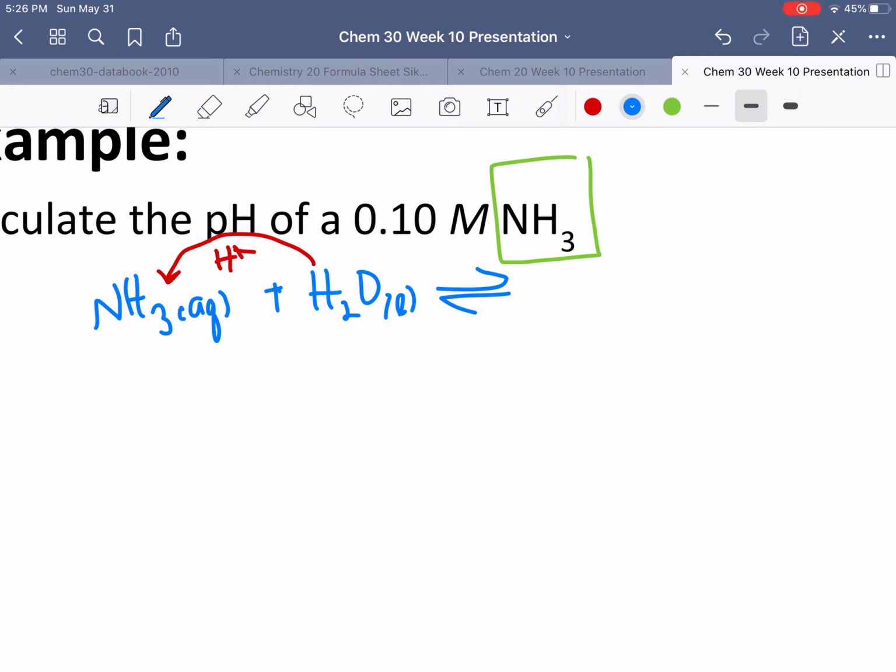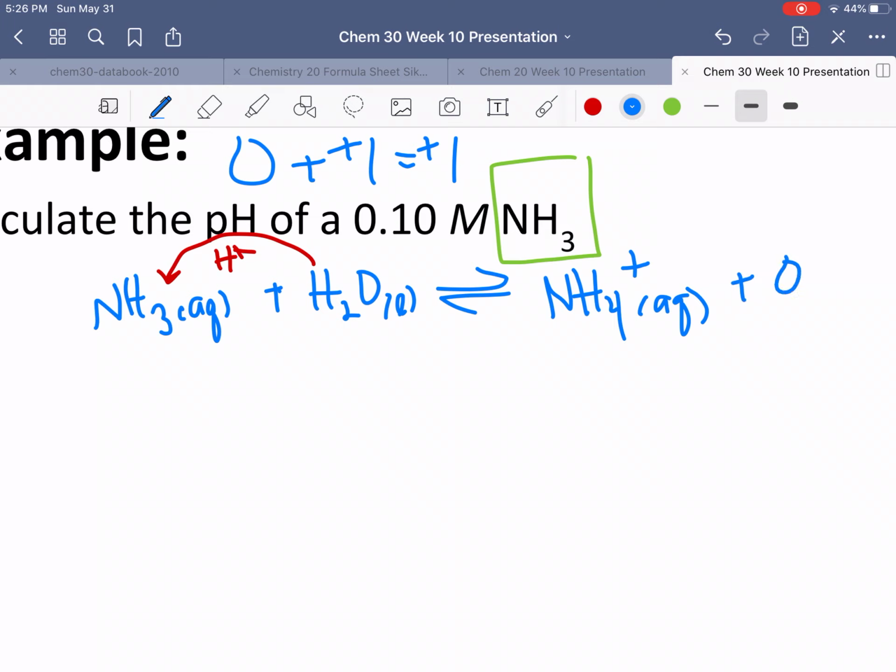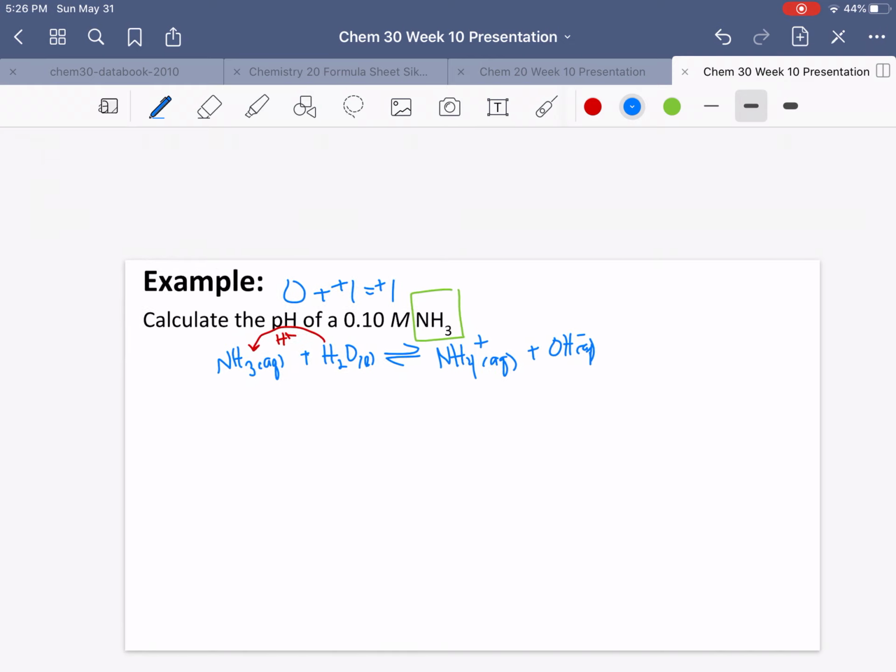If you add an extra hydrogen on there, there's no longer 3 hydrogens, there's now 4. The NH3, the ammonia, had a net charge of 0. We're taking 0 and adding a positive 1. That's a +1 charge. So ammonium has a positive 1 charge. Ammonium ion, and we're going to have, of course, hydroxide. There you have it.